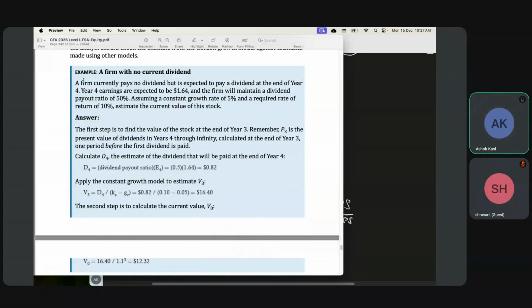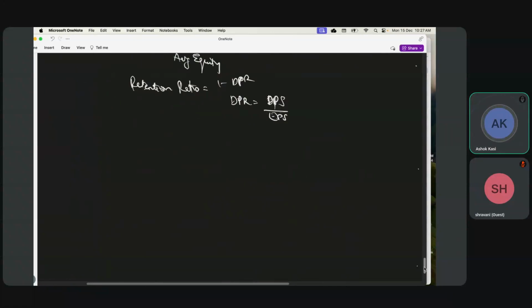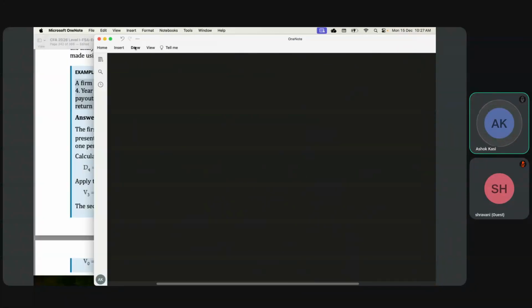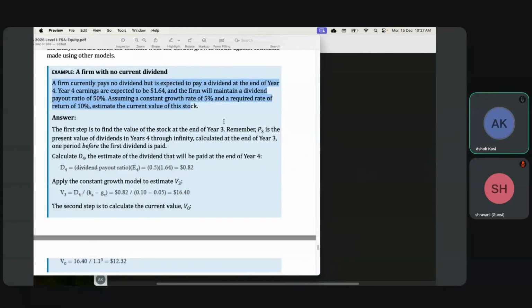Then a firm with no current dividend. Just go through this question now. A firm pays no current dividend but is expected to pay at the end of year 4.